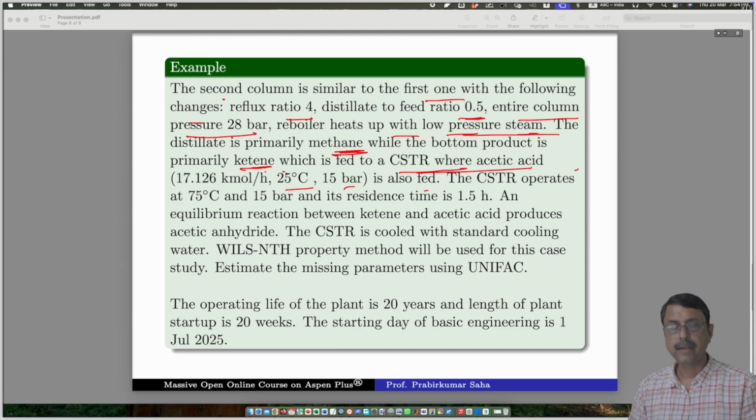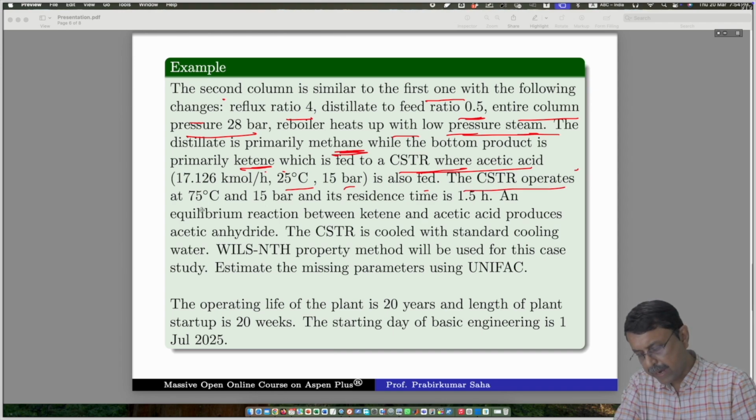So in the reactor we have ketene on one side, and on the other side a supply of acetic acid. The CSTR operates at 75 degrees centigrade and 15 bar, and its residence time is 1.5 hours. An equilibrium reaction between the ketene and acetic acid produces acetic anhydride.